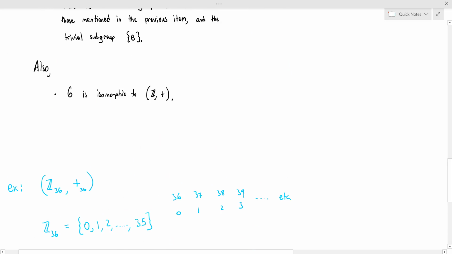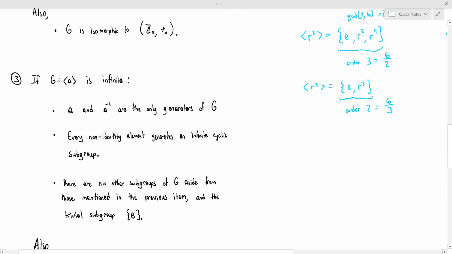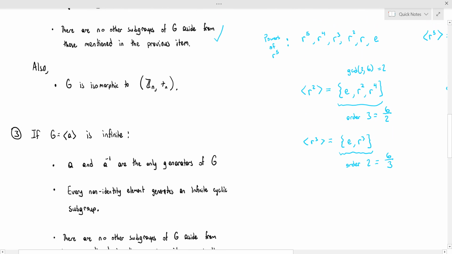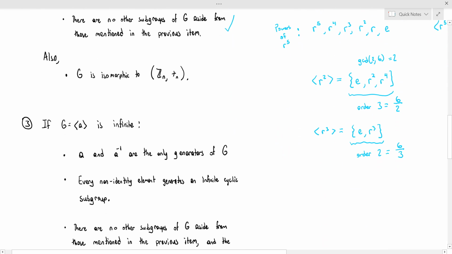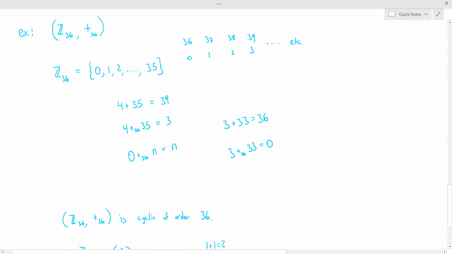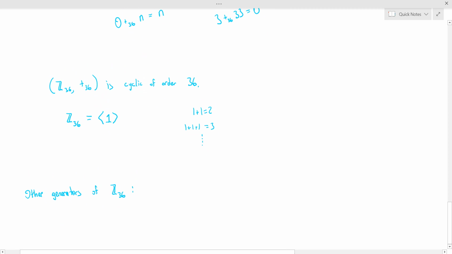Up top, I was using multiplicative notation for the group operation. But here we are using addition instead. So instead of talking about raising 1 to a power, when I was talking about r to the n earlier, this was really saying apply the operation n times to r.